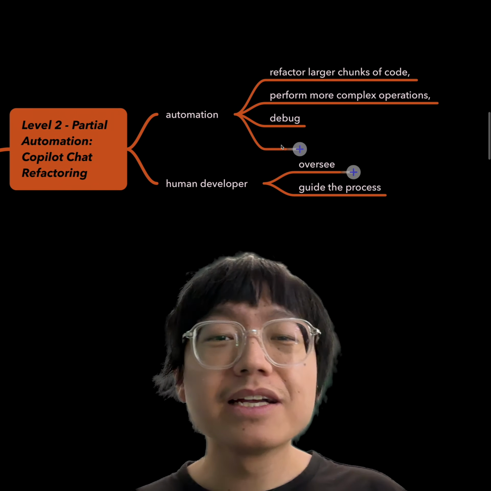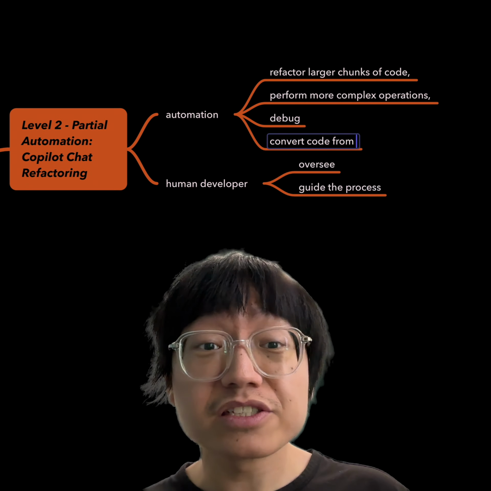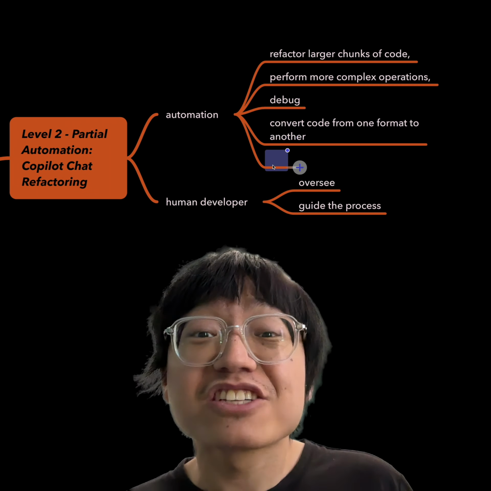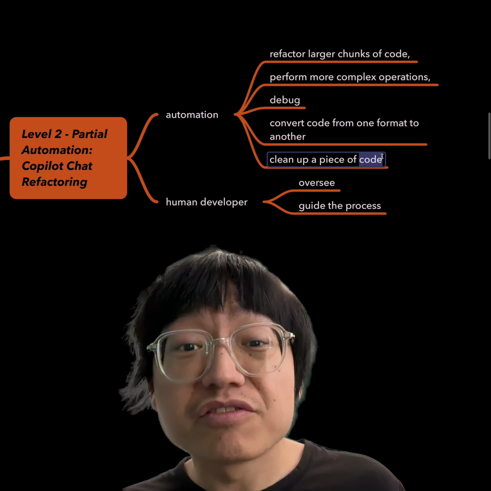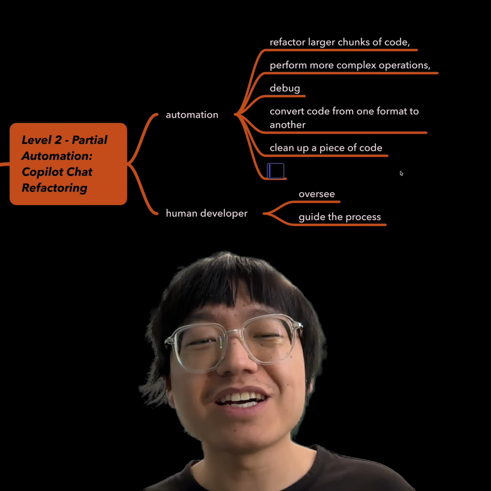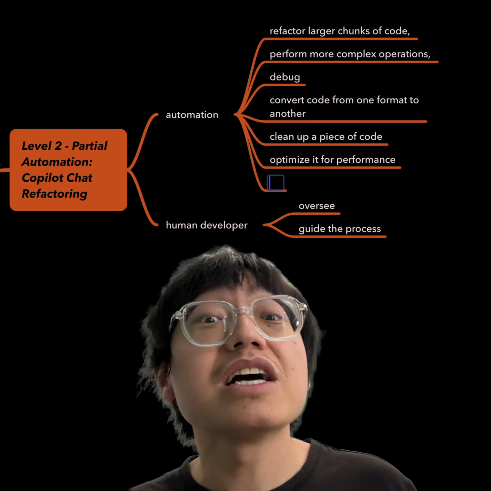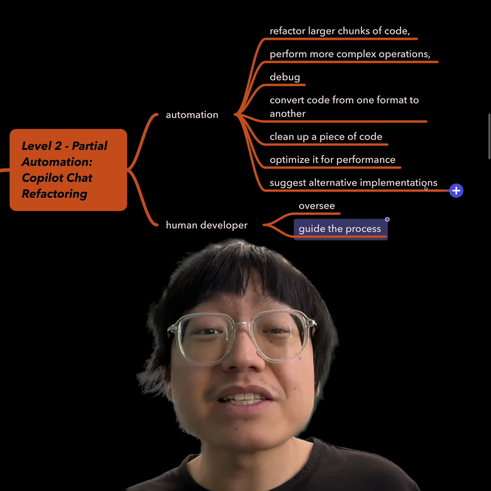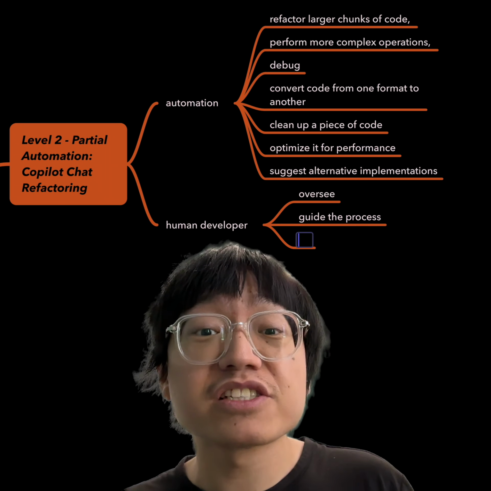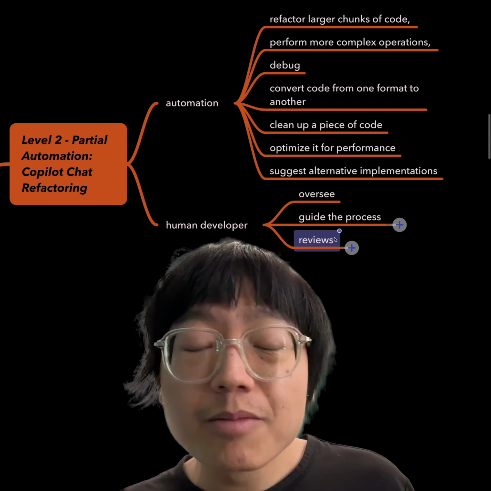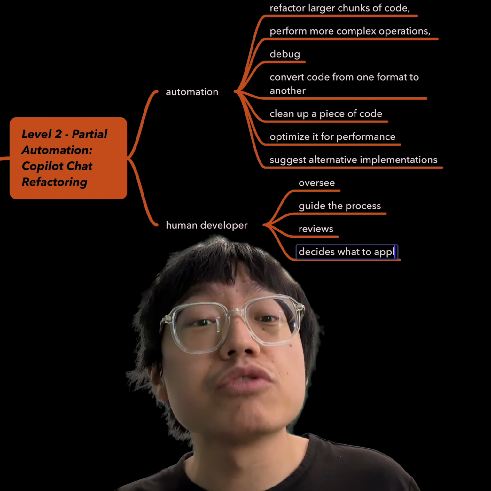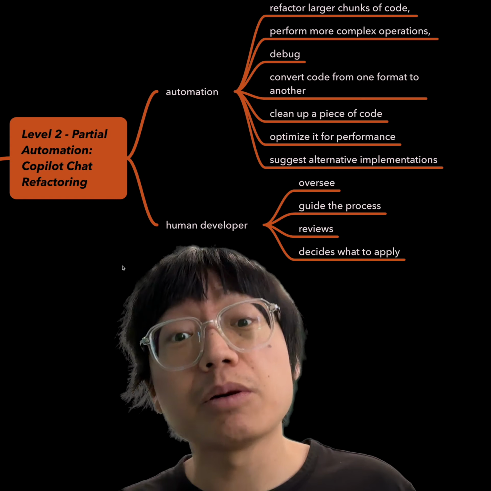An example is using Copilot Chat or Cursor to automatically refactor a block of code or convert code from one format to another. A developer could ask Copilot Chat to clean up a piece of code, optimize it for performance, or suggest alternative implementations. But the developer still has to review and decide what to apply.